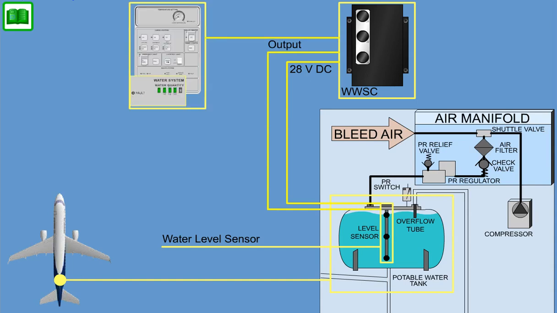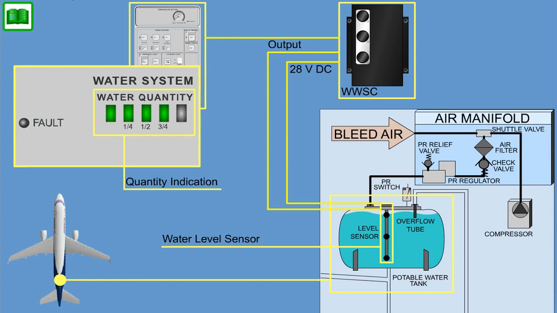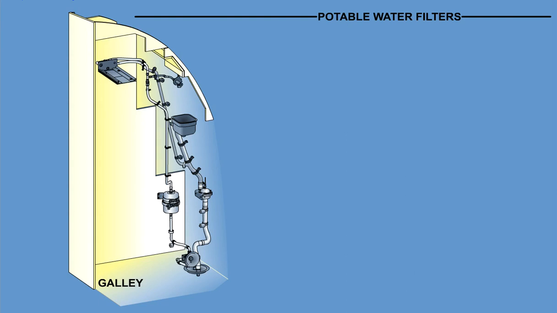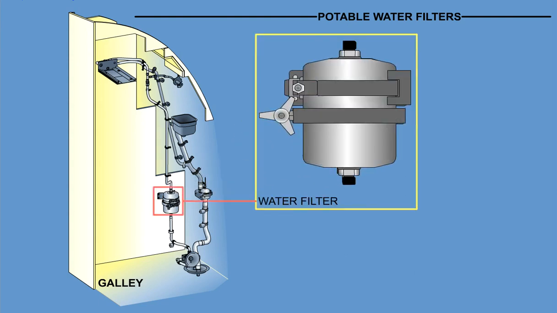The aft flight attendant panel provides water quantity indication and system fault indication to the cabin attendants. Water quantity is provided at 0, 25, 50, 75, and 100% tank volume levels. Potable water filters are installed in the galleys to remove unpleasant tastes and odors, organic pollutants, dirt, amoebic and other cysts, algae and invisible particles as small as 2 to 5 micrometers in diameter.